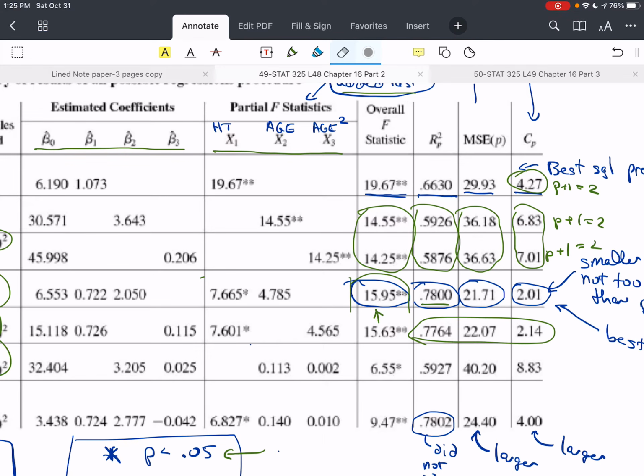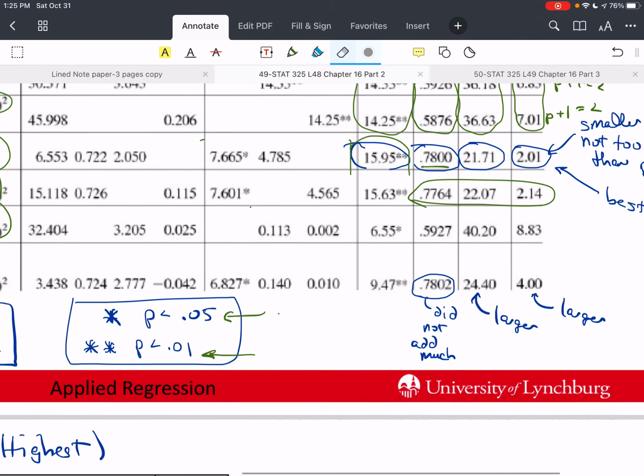I would also say that I just intuitively would think that height and age would be better together than height and age squared. It's a lot more difficult to explain the relationship of age squared to y, or weight, than it is just direct age. Why are you using age squared and not using age would be a very big question that people might ask.